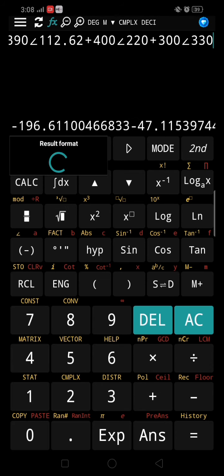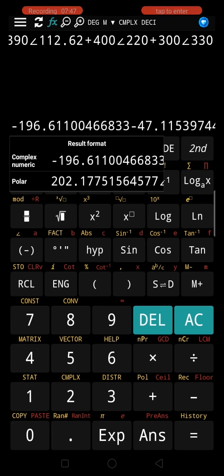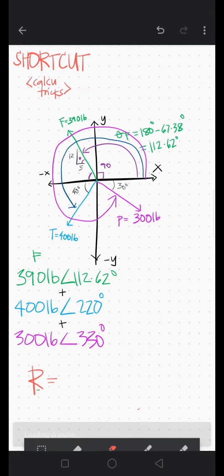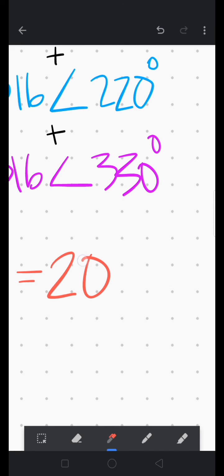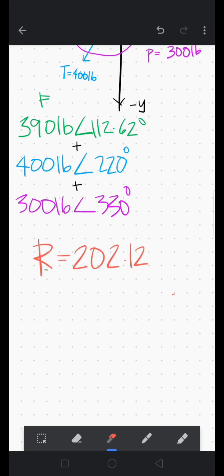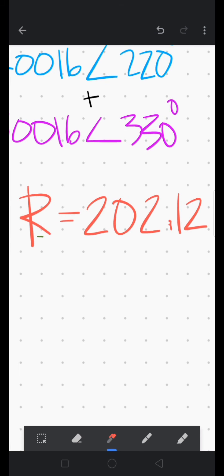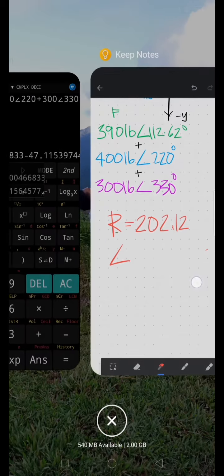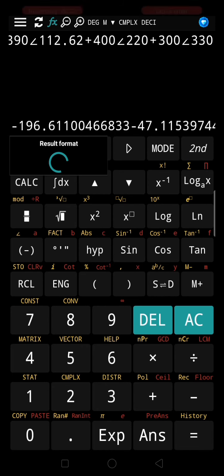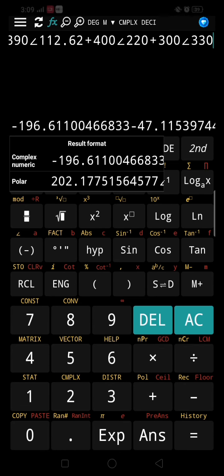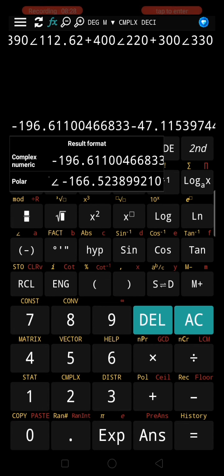So just change the result format to polar form, and this time we will get 202.12 as the resultant, and the angle of this force is equal to negative 166.52 degrees.